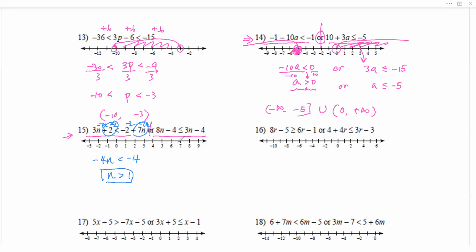See the second part. In the second part, both sides minus 3n, both sides plus 4. So here became 5n, and the right side became 0, right? So n less than 0. Both sides divide by 5. So here actually say n greater than 1. Greater than 1 is right here.